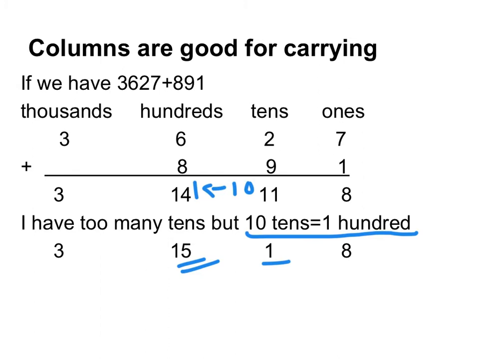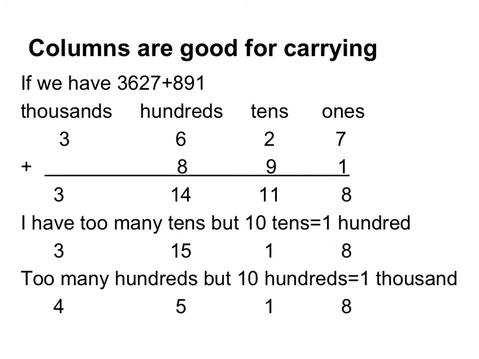So the tens place now, I'm all set. I only have 1 digit hanging out in the tens place, but now I've got to deal with that 15. So I have too many hundreds, but again, I know that 10 hundreds equals 1,000, so let's trade. Let's take 10 of those hundreds and move them up to the thousands place. So we often just call this carrying, okay?